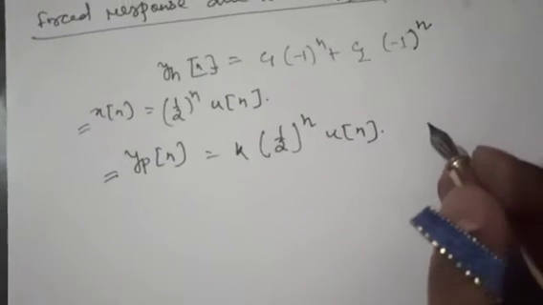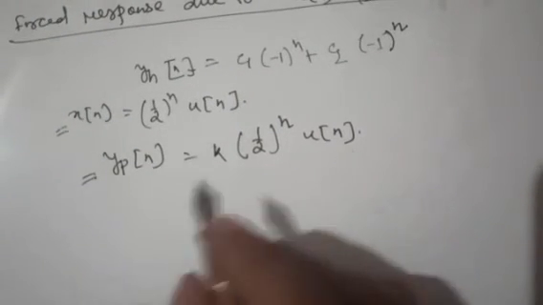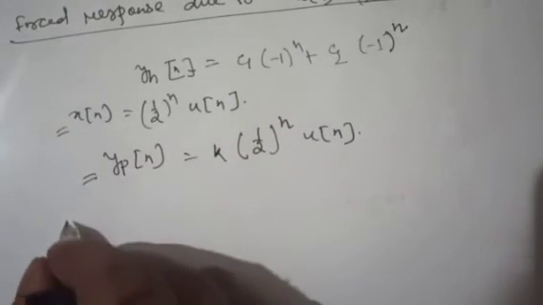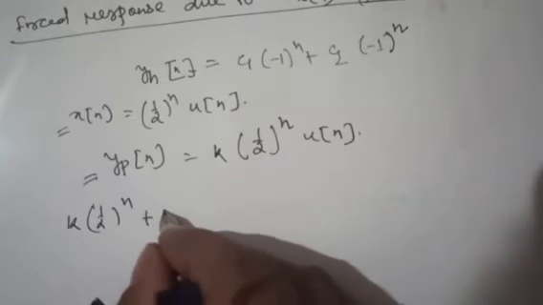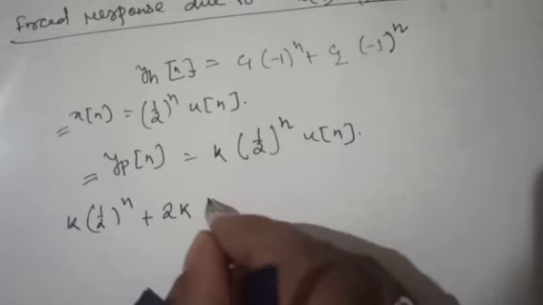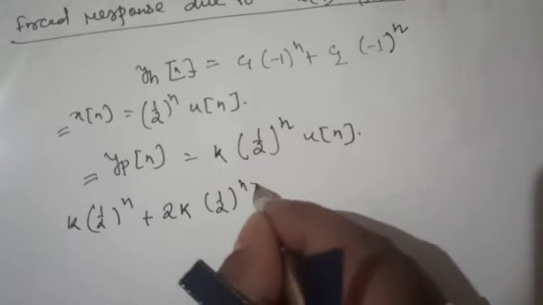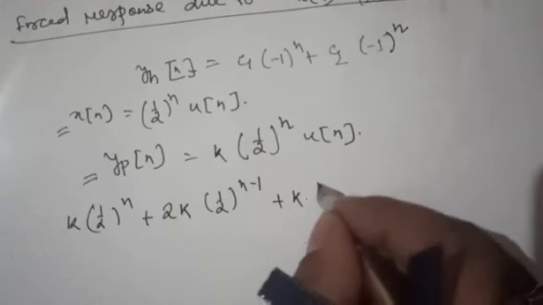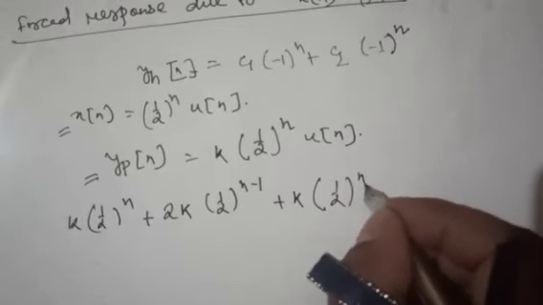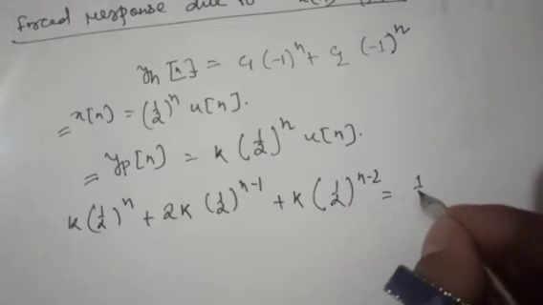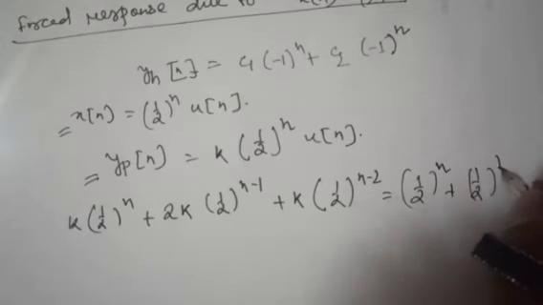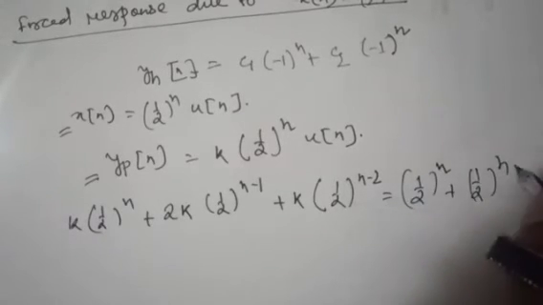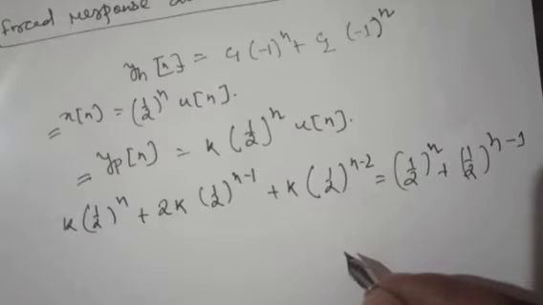So it will be k(1/2)^n + 2k(1/2)^(n-1) + k(1/2)^(n-2) = (1/2)^n + (1/2)^(n-1).